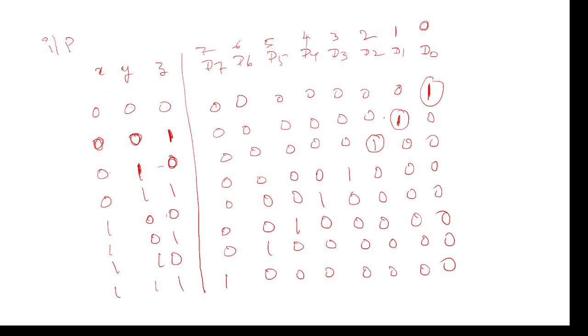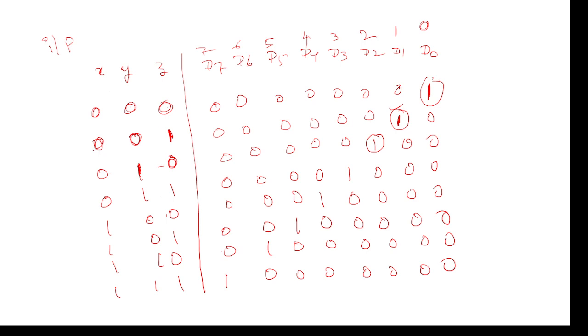I'm going with the logic diagram. D0, D1, D2, D3, D4, D5, D6, D7. We know that D0 is high at 0, 0, 0, which means X bar, Y bar, Z bar.